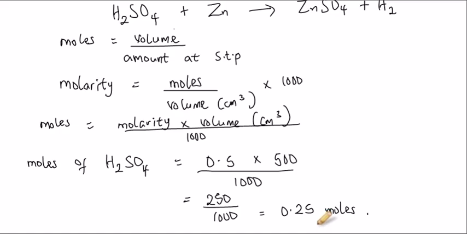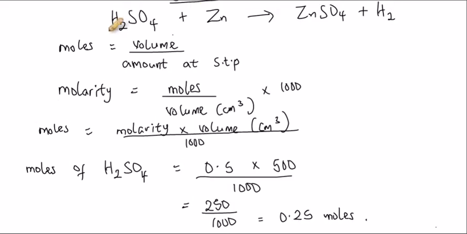So now the next thing to do is to determine the moles of hydrogen gas that will be liberated. So in the equation above, 1 mole of H2SO4 will liberate 1 mole of hydrogen gas, then 0.25 moles will liberate x moles of hydrogen gas. Definitely it's still going to be 0.25, but I would like to go through the process step by step because of situations in which the moles won't be the same in a case like this.